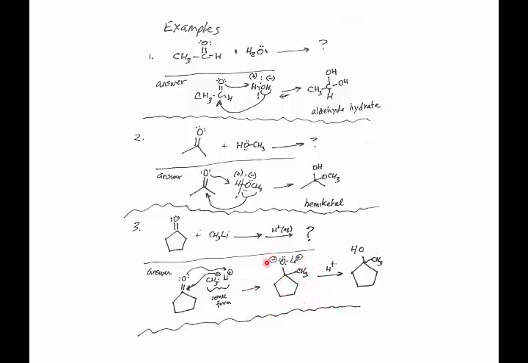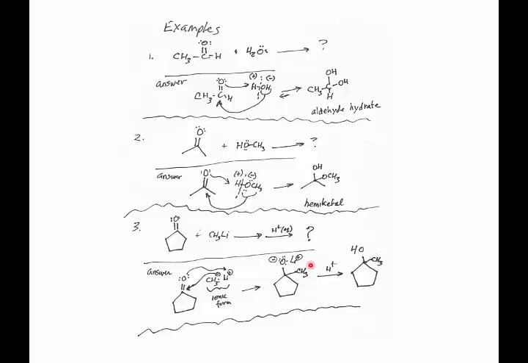One could go through the chore of isolating that, and generally we don't. We do this: we add acid to it. It's called the acid workup. H plus protonates the oxygen, and we get our alcohol here. And I'll mention that a lot of the reactions that we'll see for the remainder of the course, the product is often an organic salt.